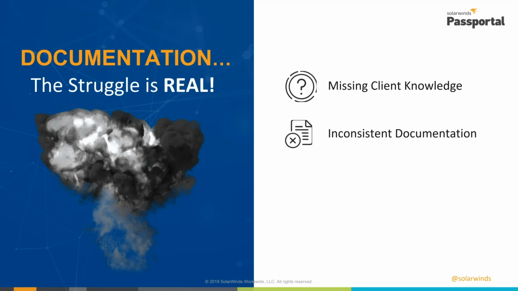We have inconsistent documentation of people doing things in a non-standard manner, and just gathering whatever information they see or can find, and not doing it with any rhyme or reason. And so there's an inconsistency across all of our clients about what is documented, how it's documented, and where it's kept.